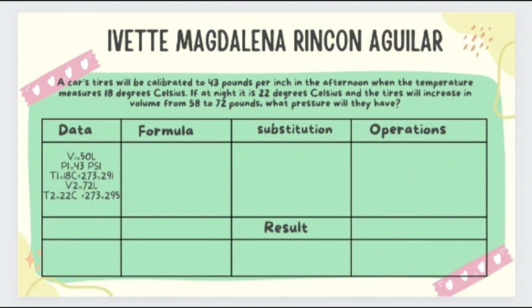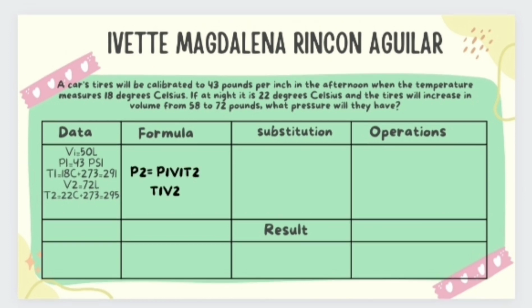Note the final volume is 58 pounds, the final temperature is 22 Celsius, and there we realize that what we are looking for is the pressure. The initial temperature is 291 Kelvin and the final temperature is 295 Kelvin, and we can start solving.